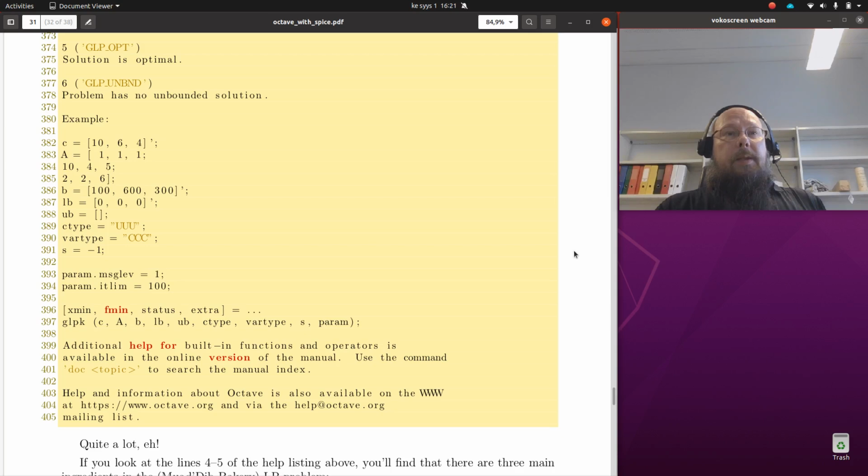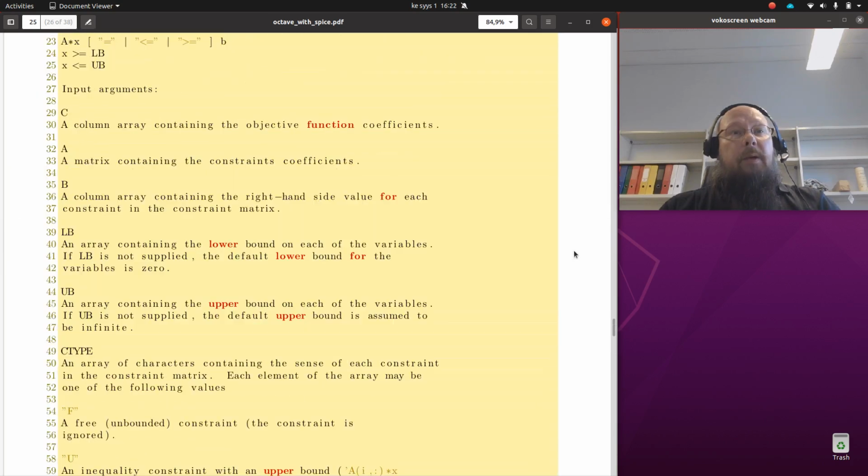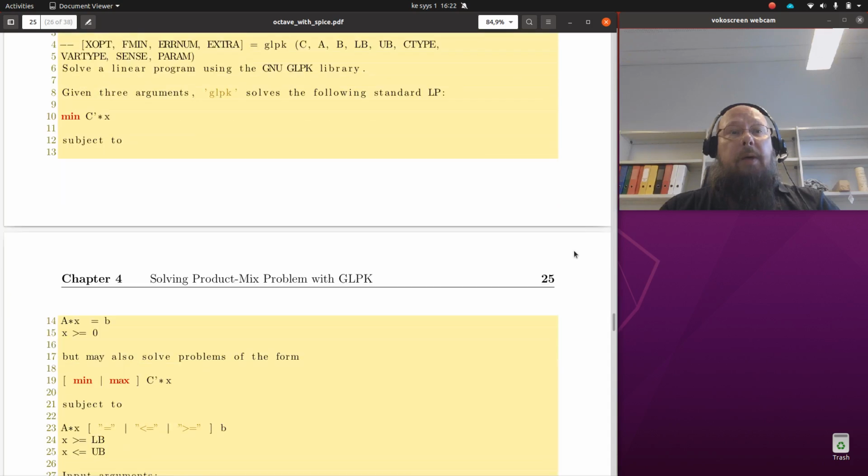So let's try not to understand everything here, but just figure out how to use this. This is typical for many non-trivial functions: when you read the instructions, there are lots of stuff that you really don't care about.